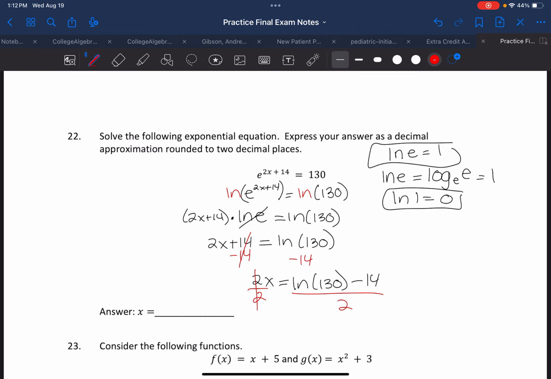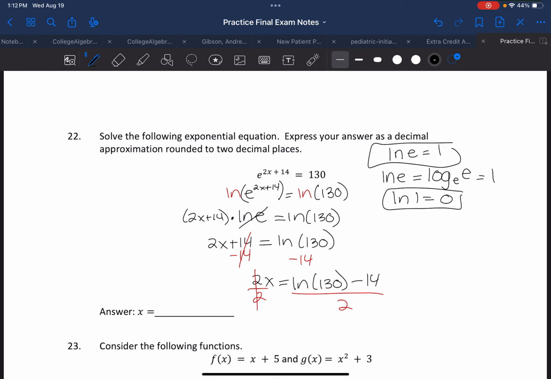So then we can type that into our calculator. There's a button on your calculator for ln as well. So again, that fraction button, you hit the green alpha button and then y equals, and then hit enter. The ln button is down here.